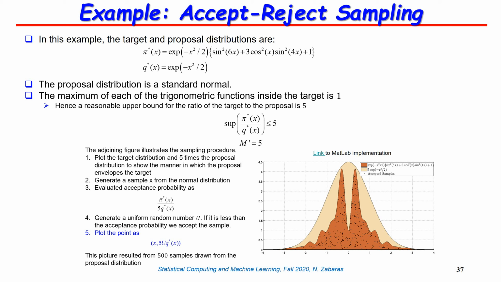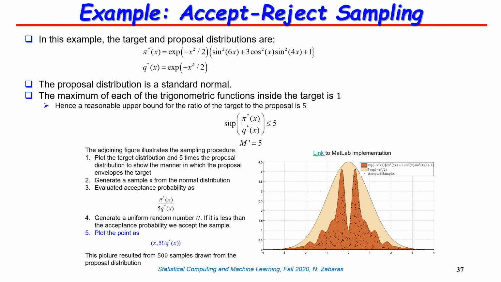we reject. So what you see on this plot is, out of 500 samples, the samples that are below this pi star distribution. So the corresponding x location gives you the samples x that the algorithm says we should accept.